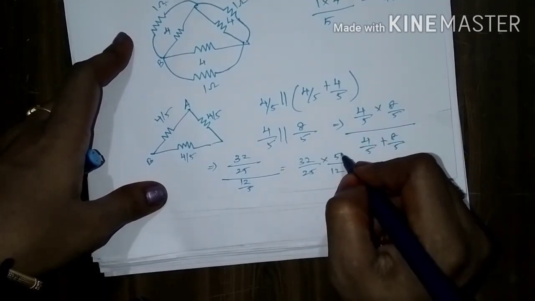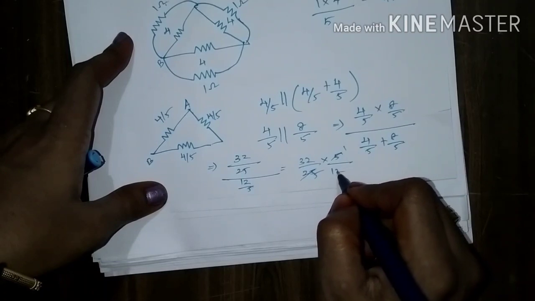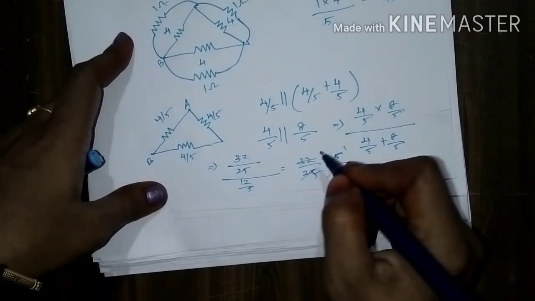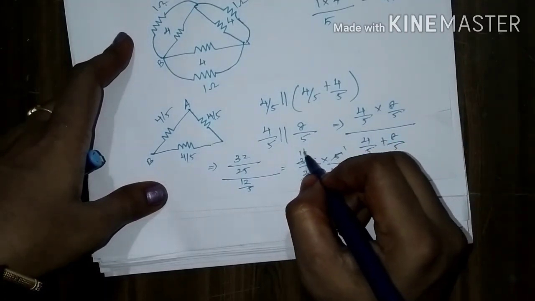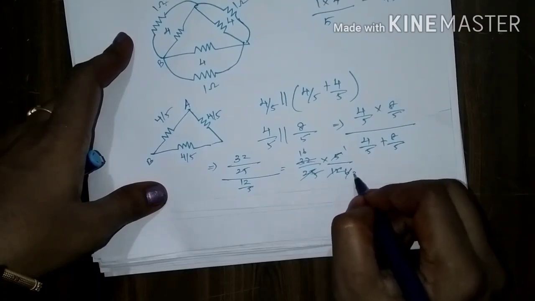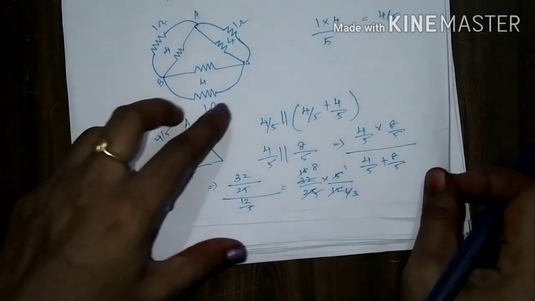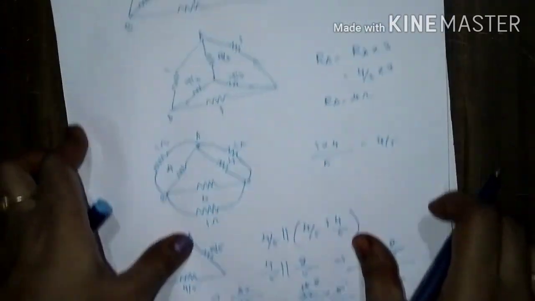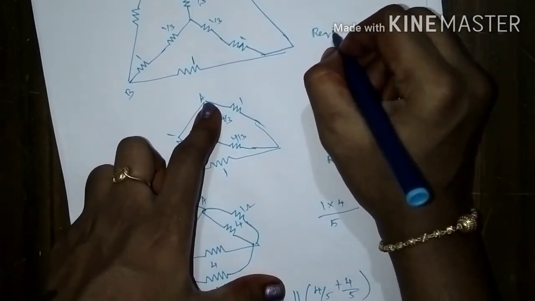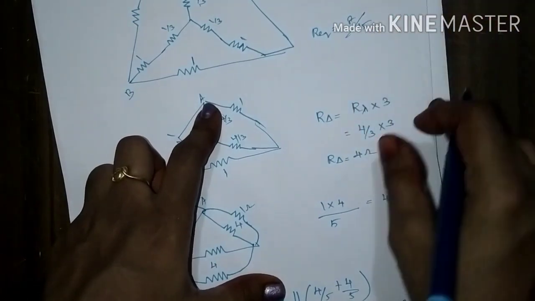If you cancel out, you will get 8 by 15. Your value of the equivalent resistance is 8 by 15 ohms.